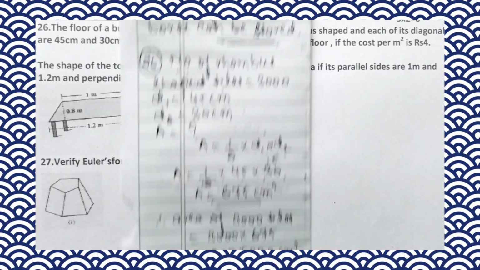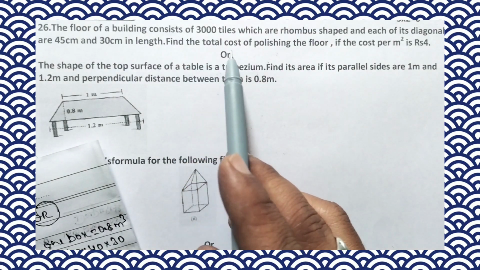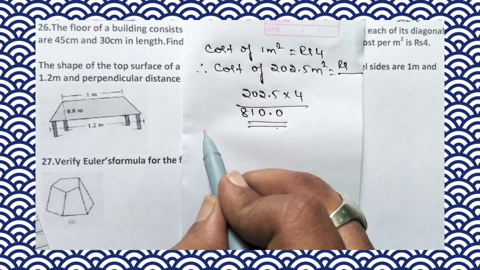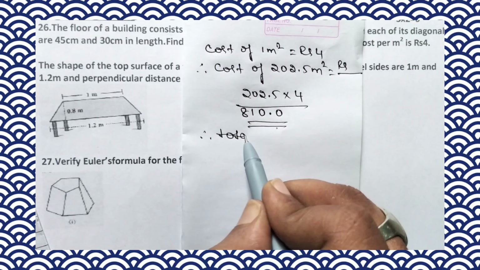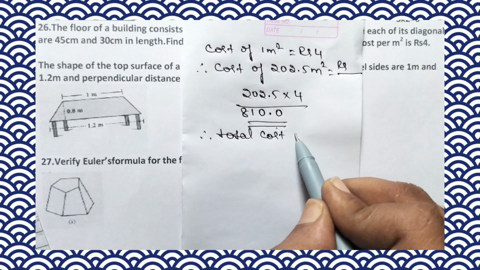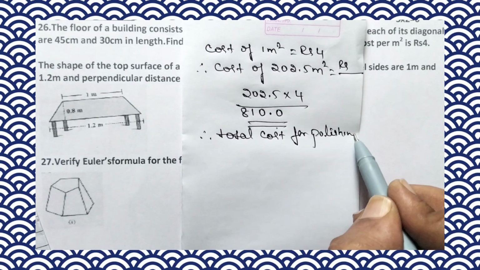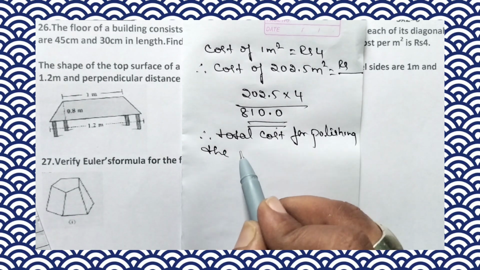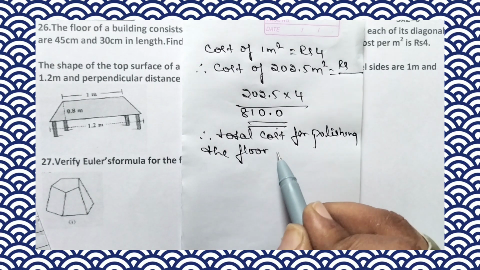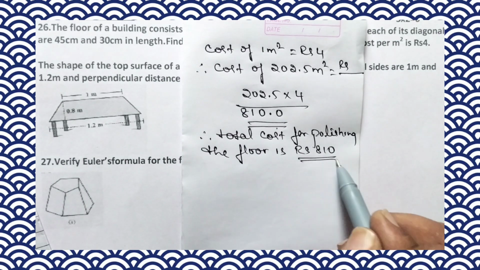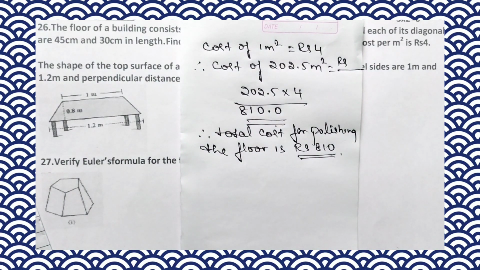The question asks what the cost for polishing the floor is. Let us write the last sentence. Therefore, the total cost for polishing the floor is rupees 810. So like this we have to calculate it.